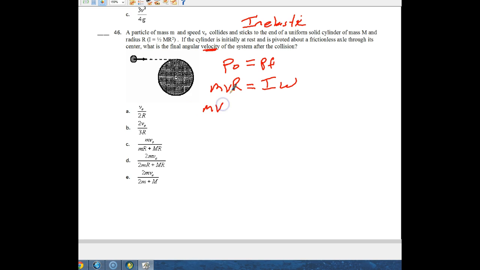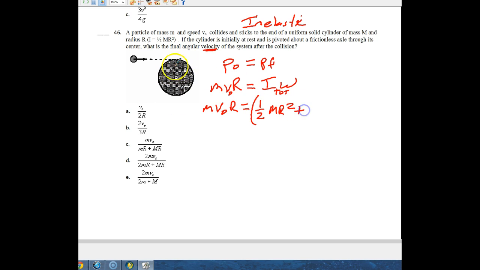Here we've got m v naught r is equal to, and our final I is going to be the rotational inertia of the disk with this little mass on top of it. So we've got two inertias that we need to add together. So this is really the total inertia. We're going to do 1/2 of big M r squared, so that's for this disk.